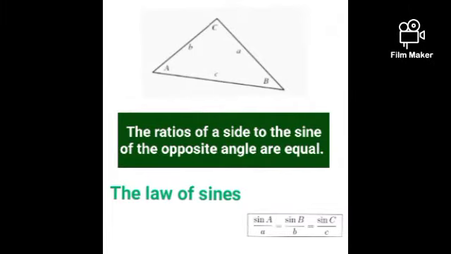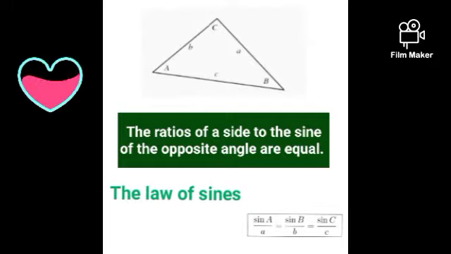This is the law of sines that we use as one of the methods for solving oblique triangles in plane trigonometry. The law of sines states that the ratios of a side to the sine of the opposite angle are equal. The triangle shown in the diagram is an example of an oblique triangle.